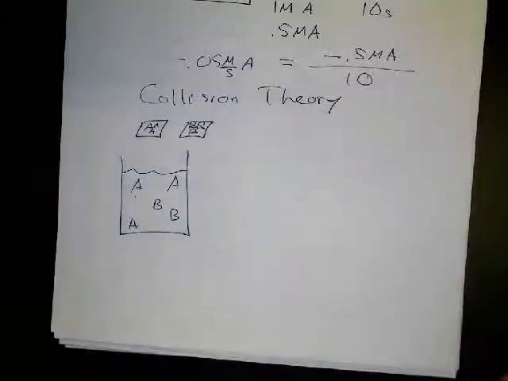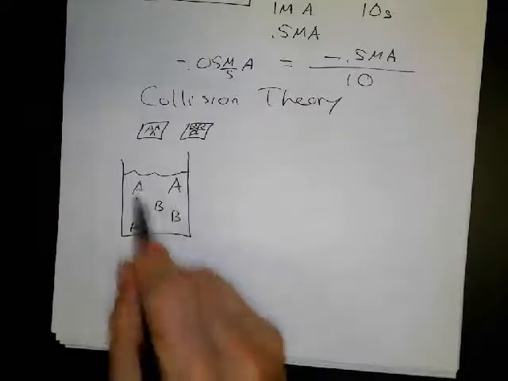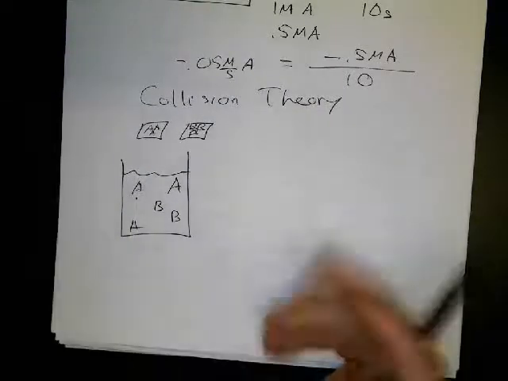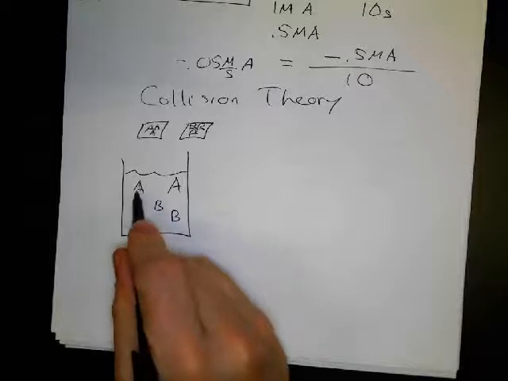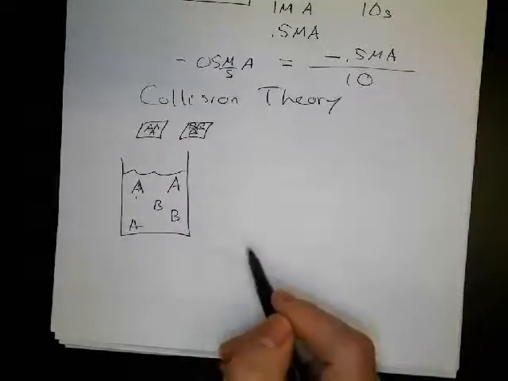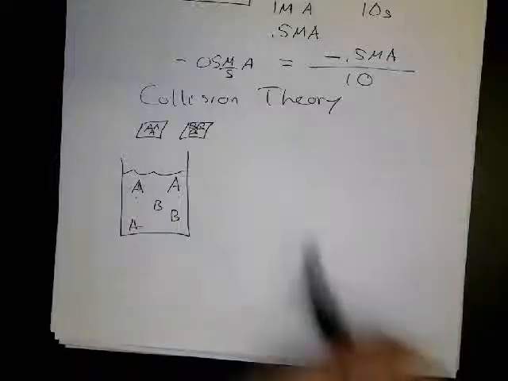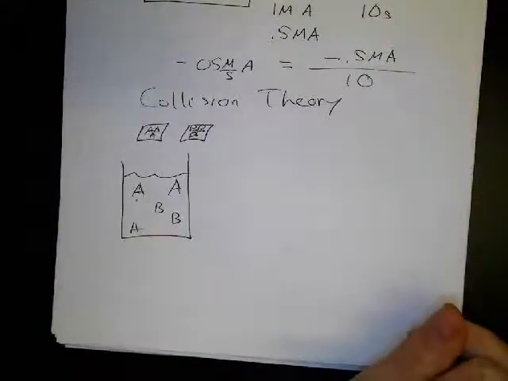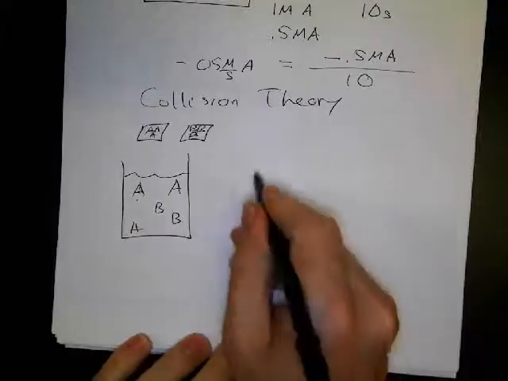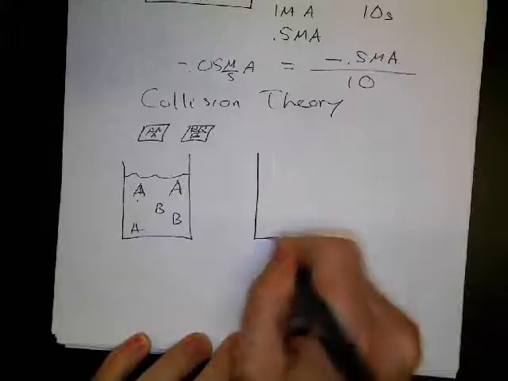Remember, there's random motion for all molecules within an aqueous solution or gases in a gas cloud or anything like that. So if all these chemicals are floating around in the same solution of water, eventually they will hit into each other. If I want to make that happen faster, one thing I can do is put them in a smaller container of water.